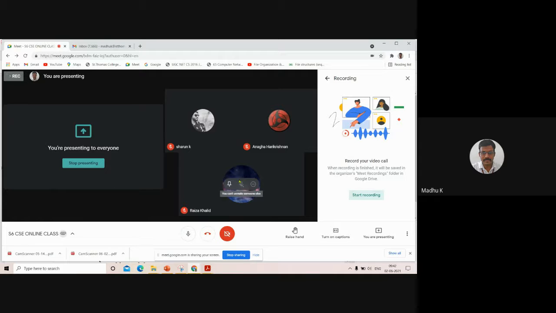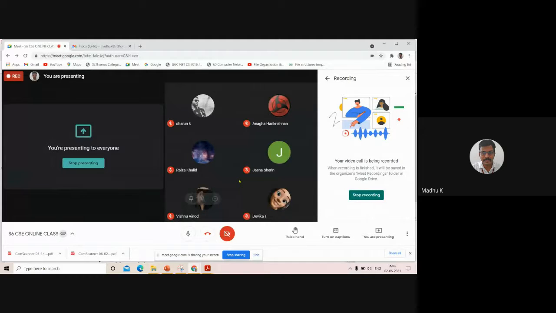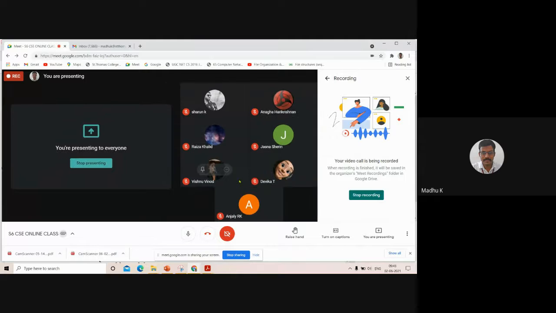So today we want to start the fourth module. In the third module we discussed the various traversal graph algorithms, graph-based algorithms.